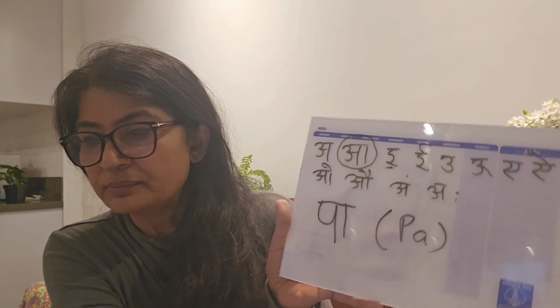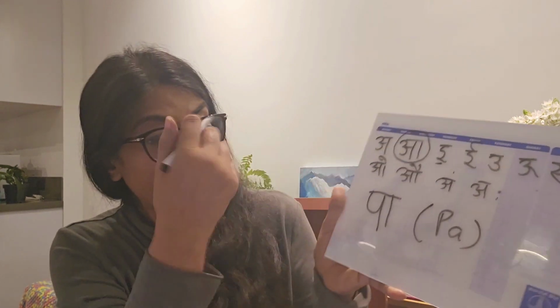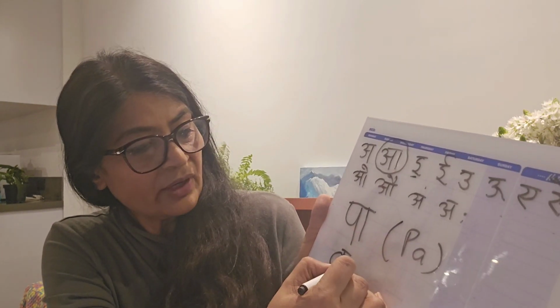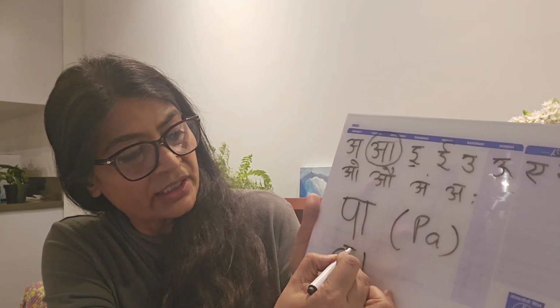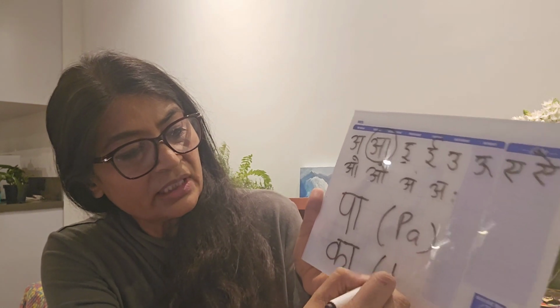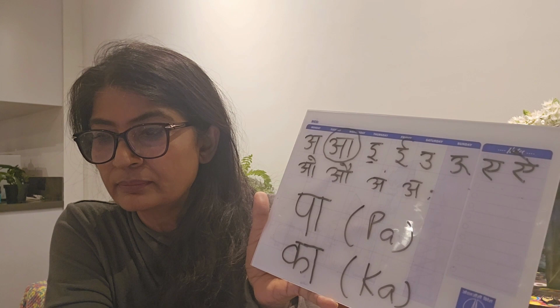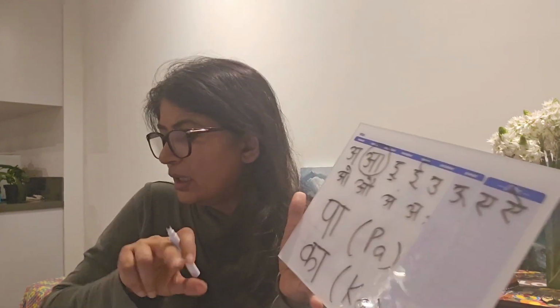This is my Pa. If I know this is my Ka, if I want to say Ka, I just have to put a line here and this becomes Ka.